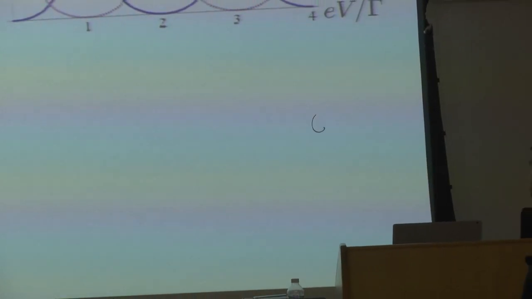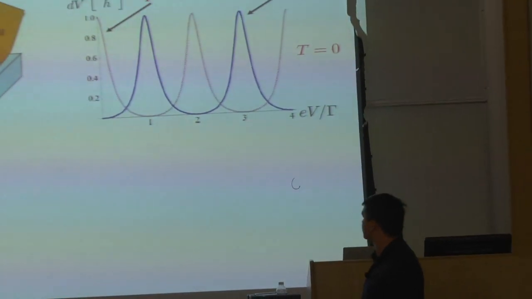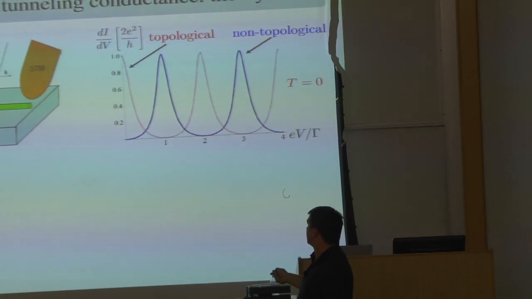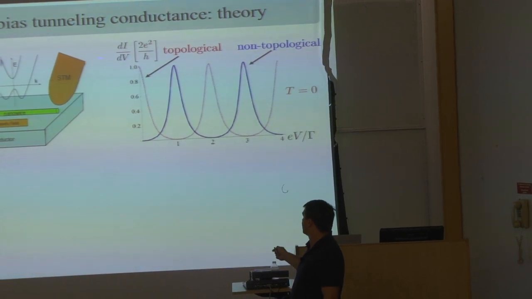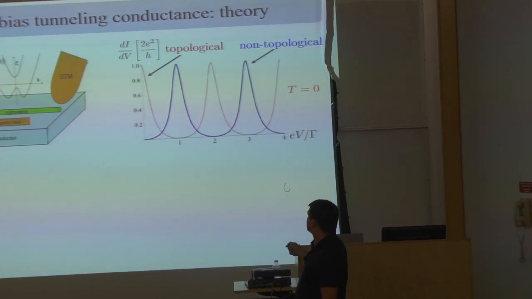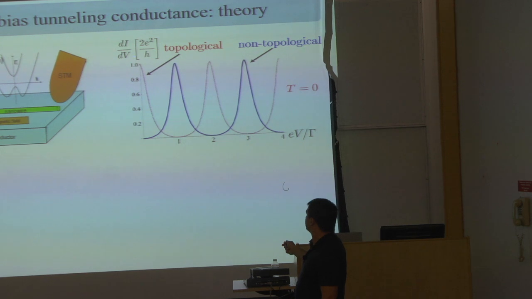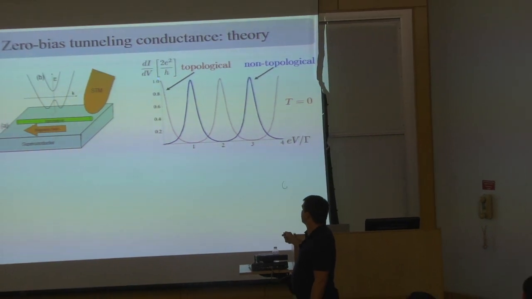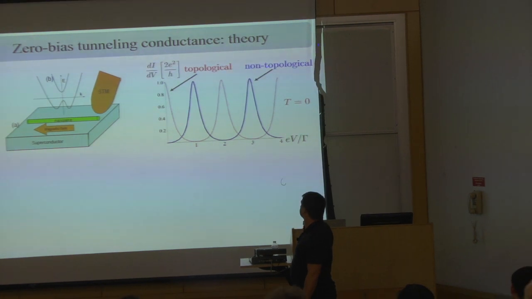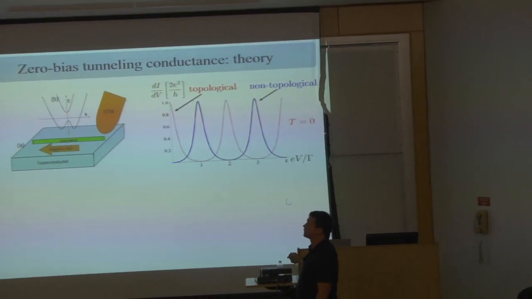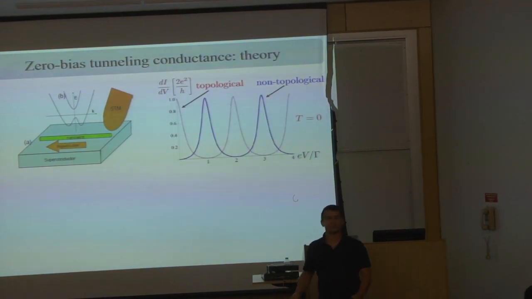So indeed, if you look at a simple calculation for the conductance, the dI/dV, differential conductance, then you find that if the system is topological, then this conductance approaches 2e²/h, whereas if it's non-topological, it goes to 0. So it's a very simple signature.